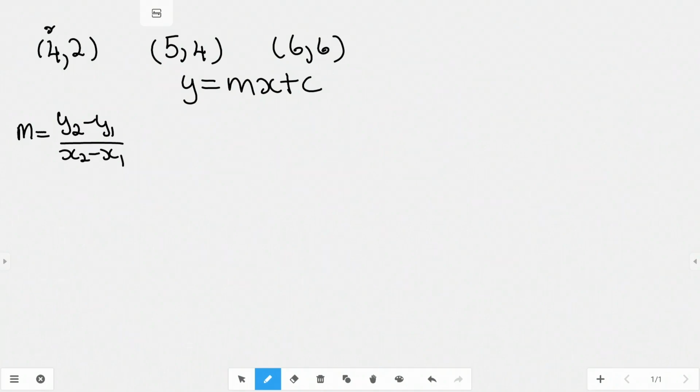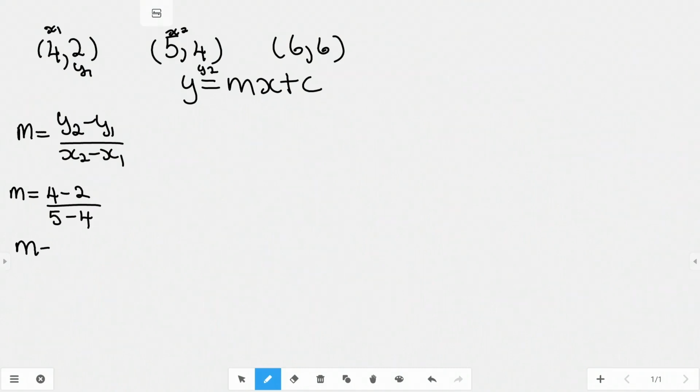So this is our x1, y1, x2, y2. Substituting, m is equal to 4 subtract 2 over 5 subtract 4.